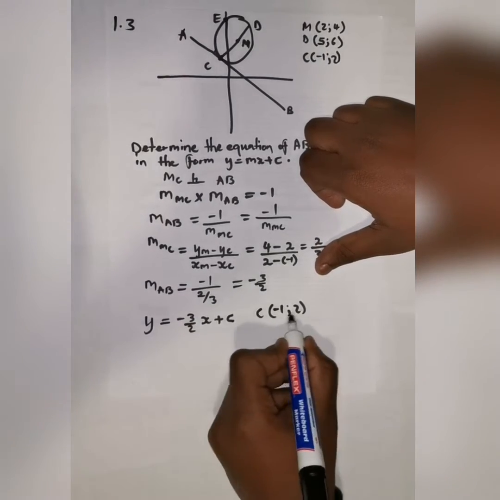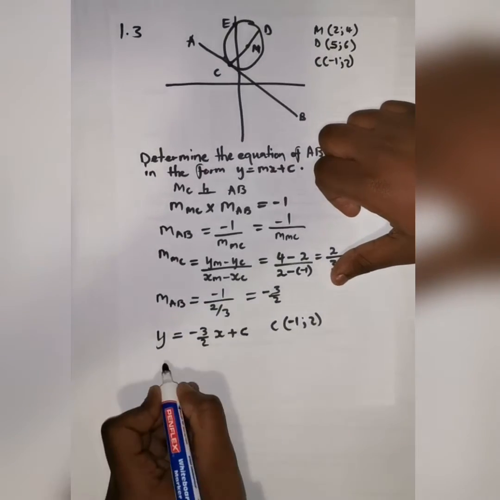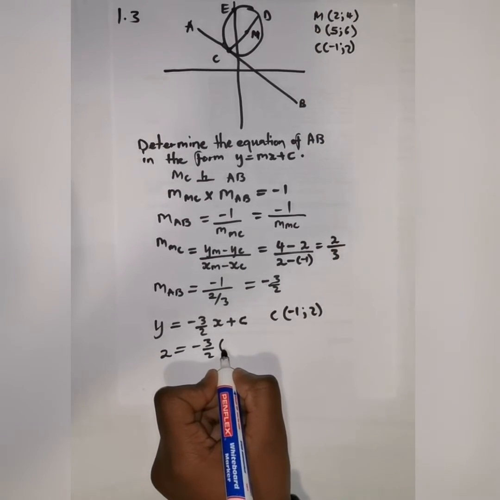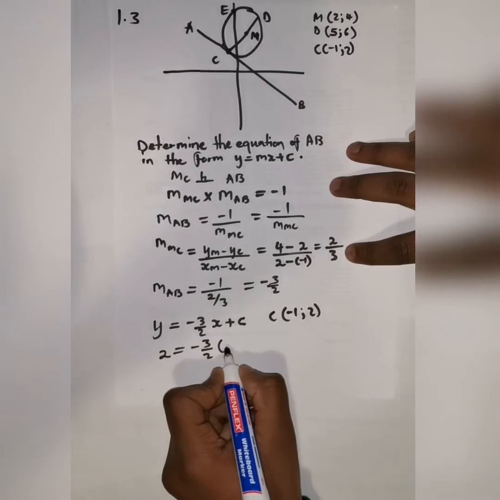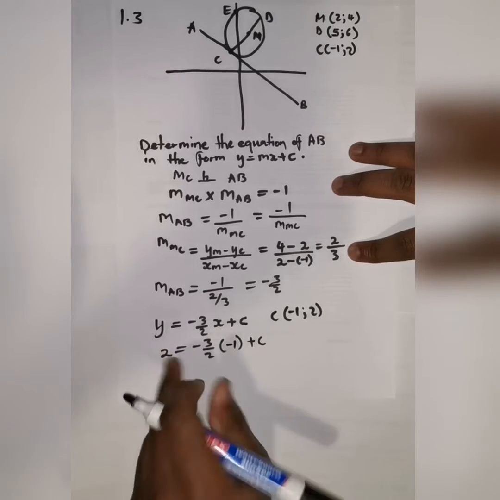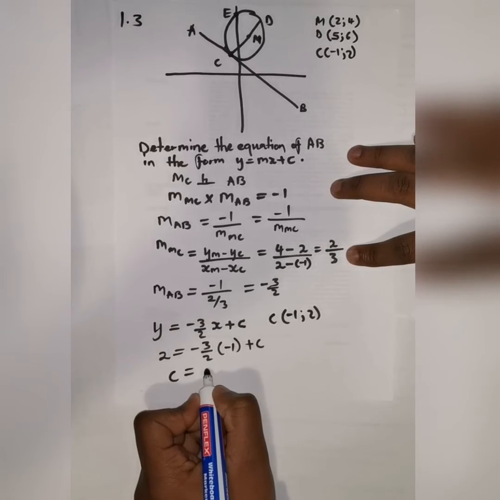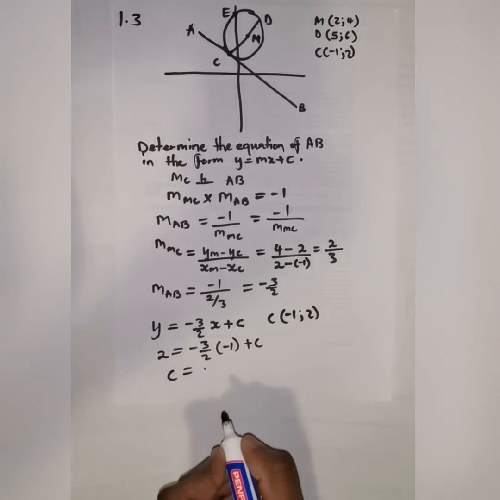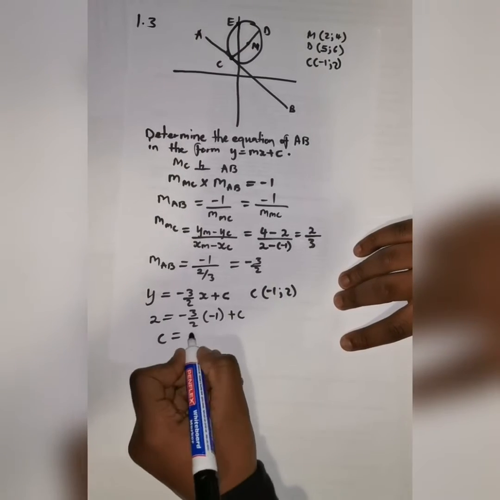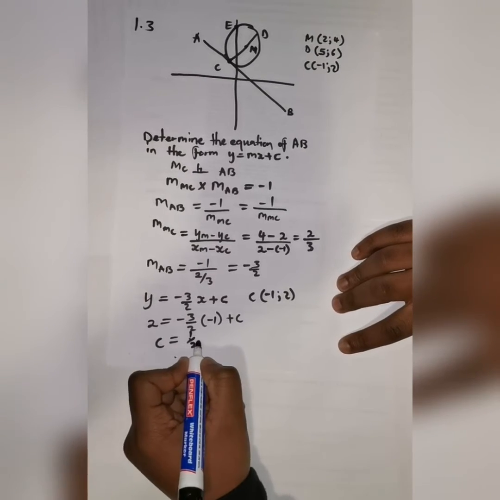When you substitute in point C, the y coordinate is 2, negative 3 over 2, and then you substitute in the x coordinate, that's negative 1, plus C. You use your calculator, take this to the other side, and you're going to find that C is equal to... let me take my calculator and actually check to be sure. If you put this in your calculator, you'll see that C is 1 over 2, so this is half, right?